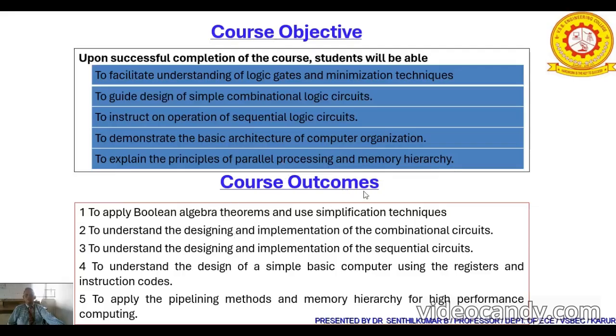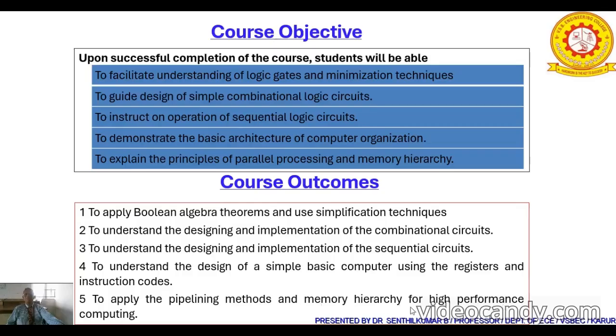The course outcomes are: it is expected from the students to apply Boolean algebra theorems and use simplification techniques, to understand the designing and implementation of combinational circuits, to understand the designing and implementation of sequential circuits, to understand the design of a simple basic computer using registers and instruction codes, to apply the pipeline methods and memory hierarchy for performance computing.